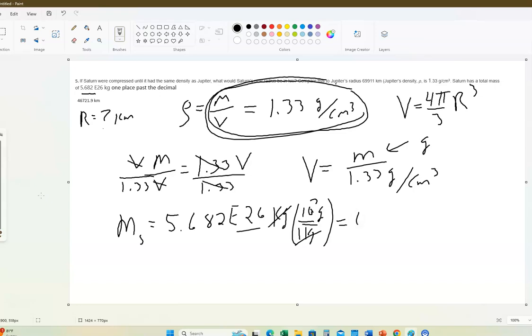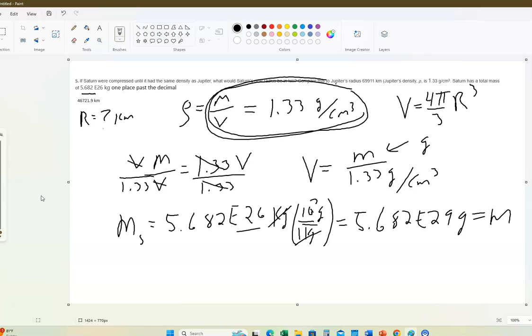So it's the same number, 5.682 times 10, 26 plus 3, 26 plus 3 is 29. 10 to the 29th grams. So that's what M is equal to. It doesn't really look like an M. Now that we have that, we can solve for the volume.